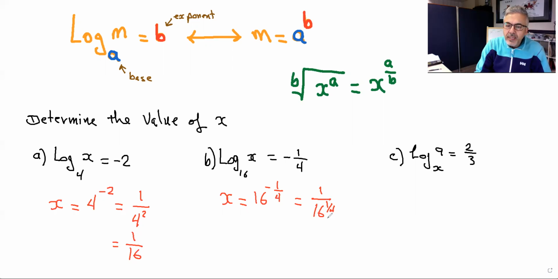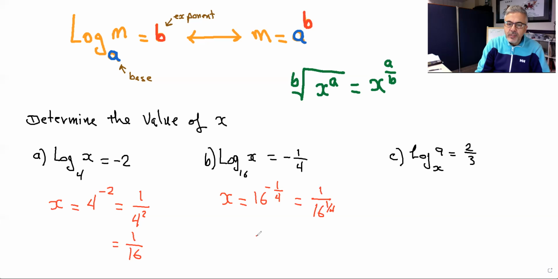Now, this right here, I want to change from exponential form to radical form. So therefore, b, which is the 4 here, becomes the radicand, which is the root, and then 1 is the a, and that's what the power of 16 is going to be.